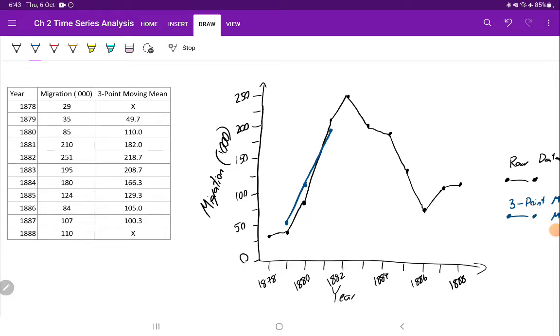For 1882, it's 220-ish. And so each of these points from 1879 up to 1887 is going to have 2 points at the same vertical point. It's a good way of knowing you've done it all right. Anyway, I'm just going to finish this up off camera.